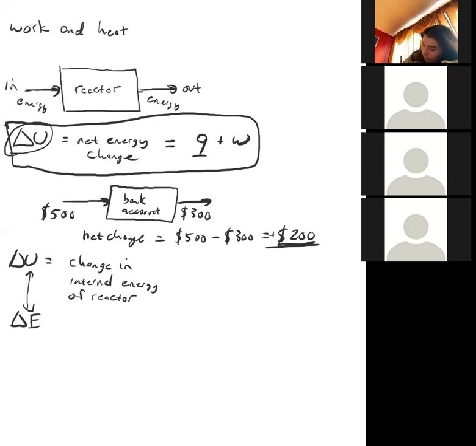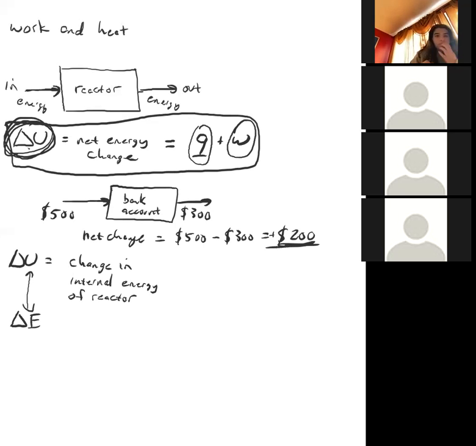And the way you calculate the change in internal energy is you figure out what Q is, and you make sure you get the sign right. You figure out what W is, and you get the sign right, and then you add those two together, and that will give you the change in internal energy.